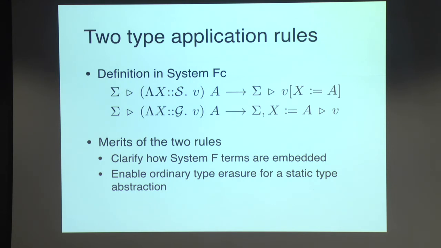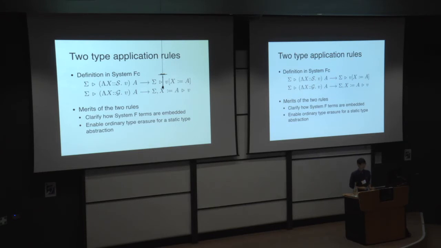First, it makes very clear how System F terms can be embedded into our calculus. We can consider that the type abstraction of System F uses a static type variable. And second, the distinction enables ordinary type erasure for static type abstraction. We implemented a type-erasing interpreter on the basis of this fact.